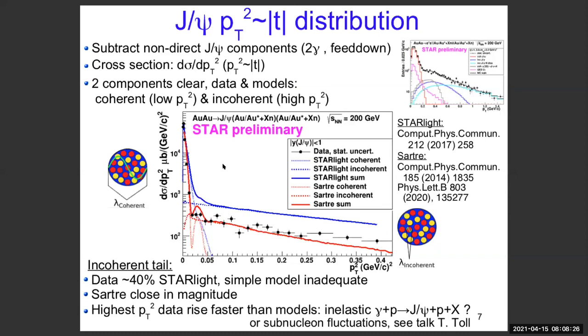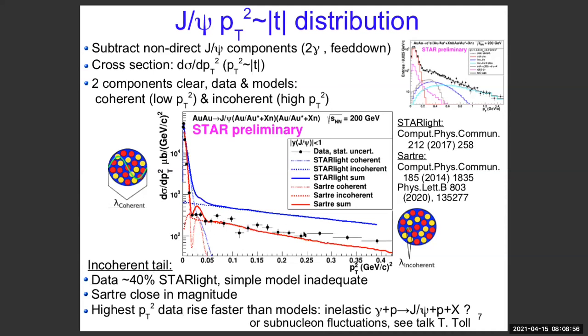So shown on the right are also curves from the two models I mentioned earlier, Starlight and Sartre. I'll talk first about the incoherent tail. Well, first of all, Starlight vastly overestimates this. It has a rather simple model for incoherent production and it's just not adequate. But you see the Sartre cross section is very close in magnitude, and gives a good description.